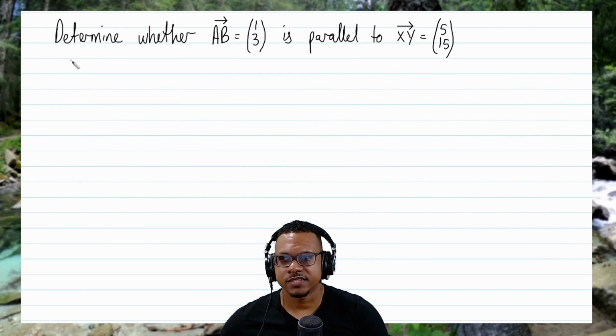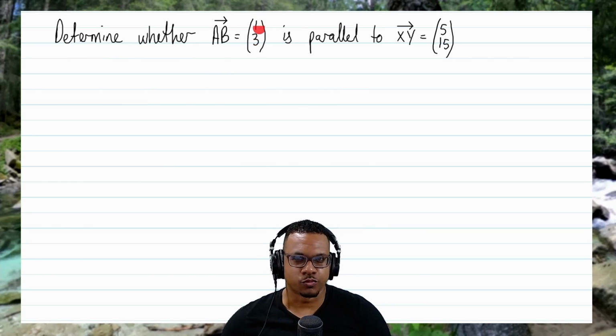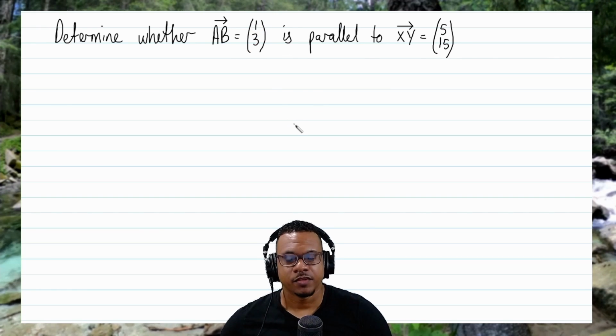So here I have this question that we want to determine whether the vector AB with the column matrix 1, 3 is parallel to the vector XY with the column matrix 5, 15. Now, just by observing the column matrices of XY and AB, we can see that the column matrix of XY is 5 times the column matrix of AB.